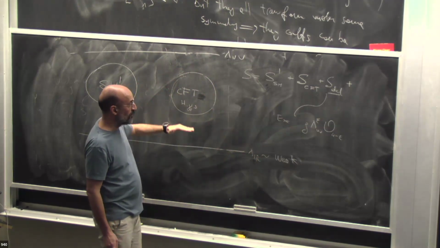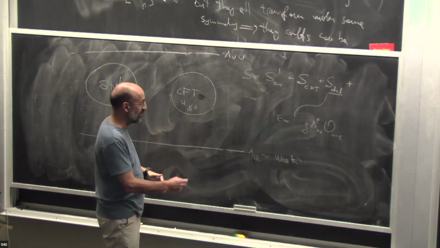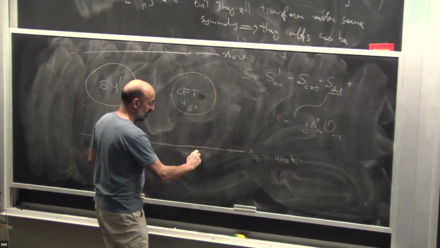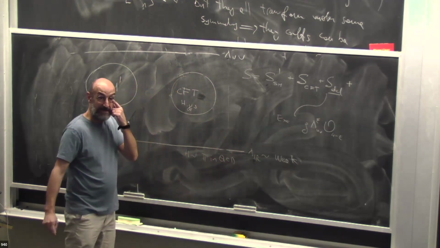The Higgs therefore emerges like a bound state here, very much like the pion. Here the Higgs is similar to the pion, some light bound state.